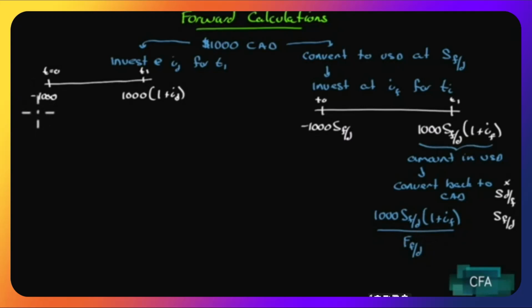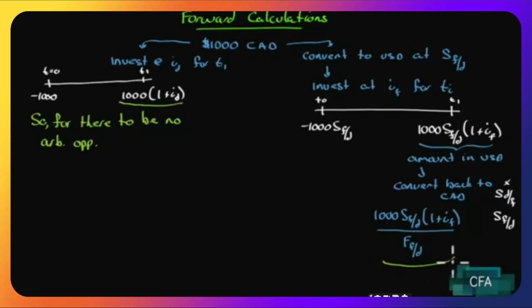So, for there to be no arbitrage opportunity, let's write that down, for there to be no arb opportunity, we must be indifferent between either direction, which means that the return we get here must equal the return we get here. That will help us solve the forward rate, right?